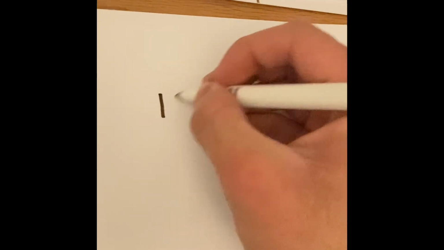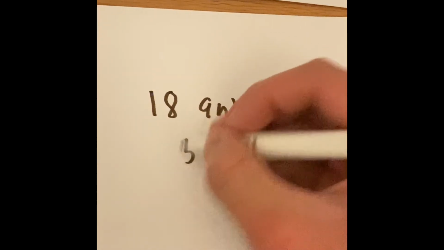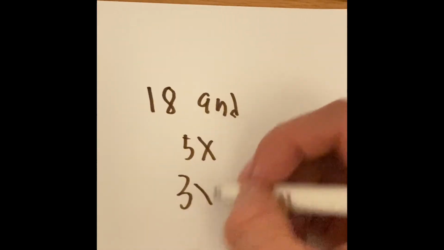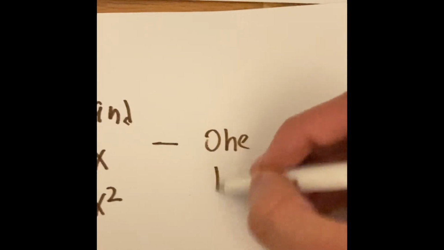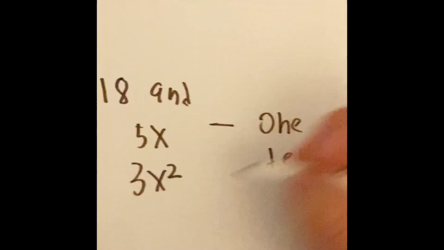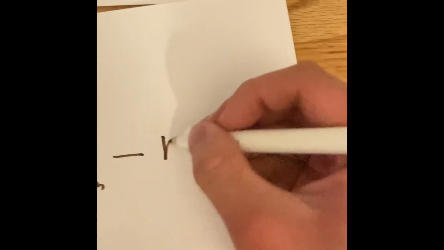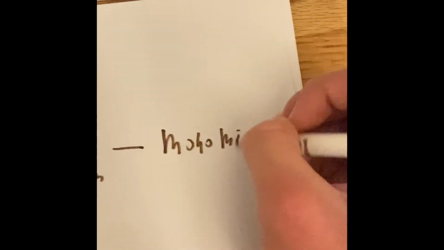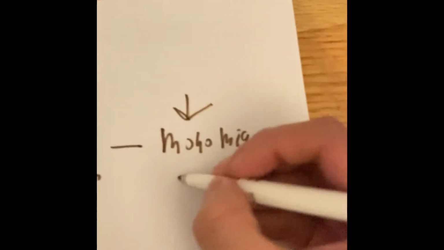Having equations like 18 as itself, and if we have 5x or 3x squared, that is known as a one term. There is one of something on the field, and that also can be named as a monomial. Mono means one.